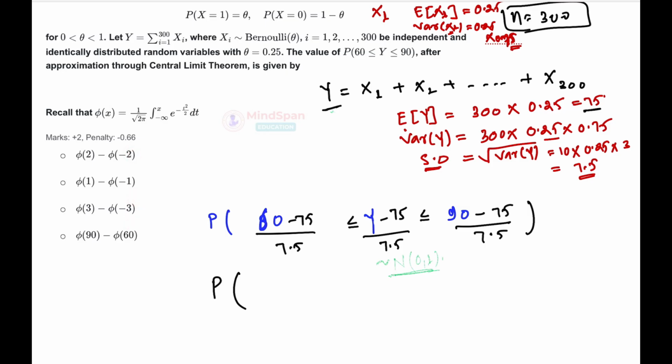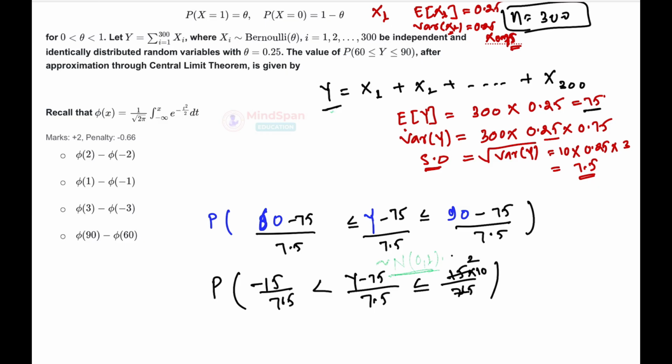So now let me proceed further. So this will be 15 divided by 7.5. So now let me write this one: (y minus 75) divided by 7.5 less than or equal to 15 divided by 7.5. This will be 10. So anyhow, 75 times 2 will be 150, right.